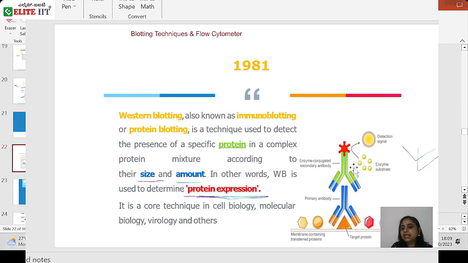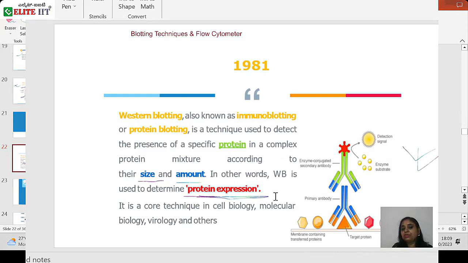It's just like the indirect method of ELISA, where first of all you add the antigen. Now add a primary antibody for your antigen of interest, right? Then you add a secondary antibody. The secondary antibody is attached with an enzyme or any additive compound. So this is the indirect method of Western blotting.